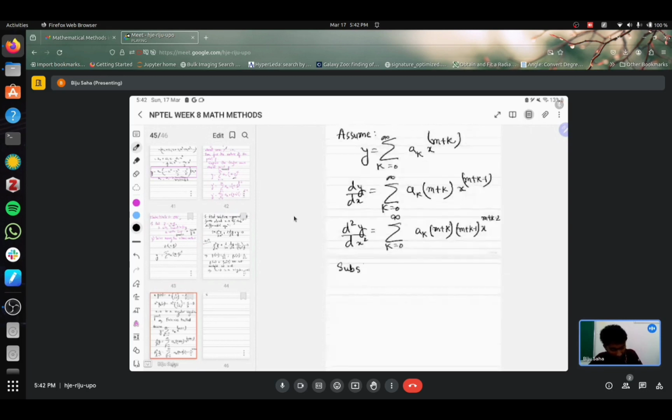We substitute this in the differential equation.